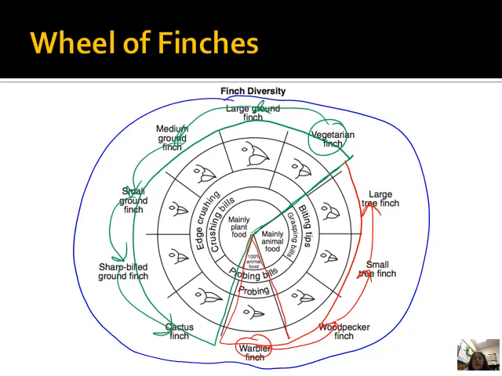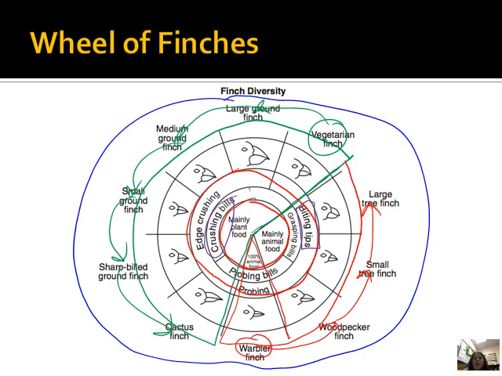Additional information that you can find out is located in these circles. And this is just if the multiple choice question asks you about their type of beak. So you can use this chart. So for example, if we look at the vegetarian finch, it looks like its beak has biting tips. And if I look here, it has crushing bills.